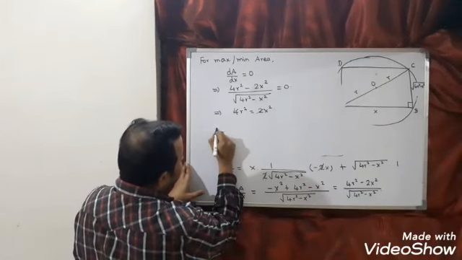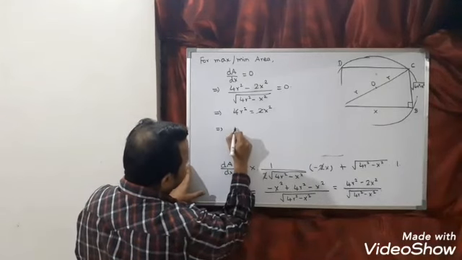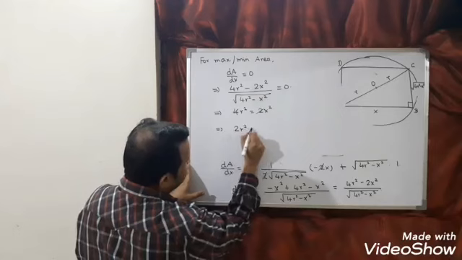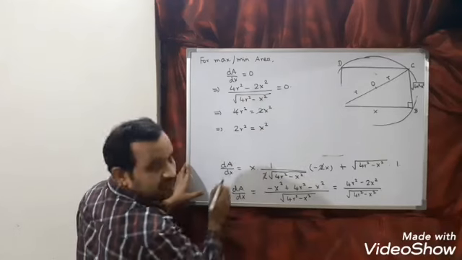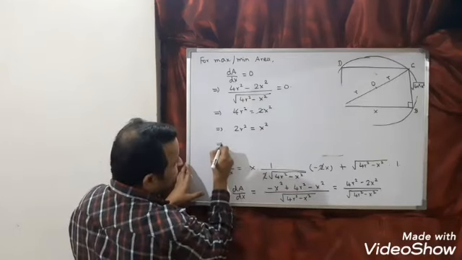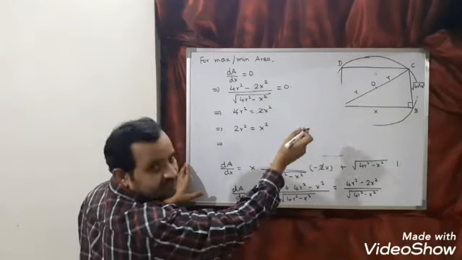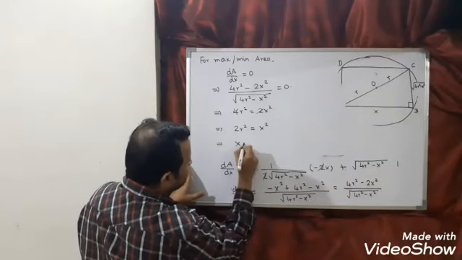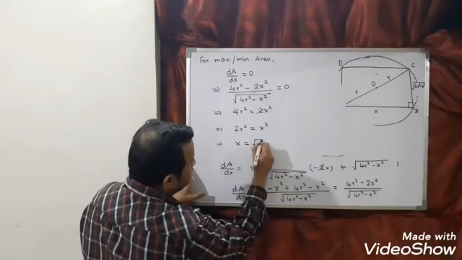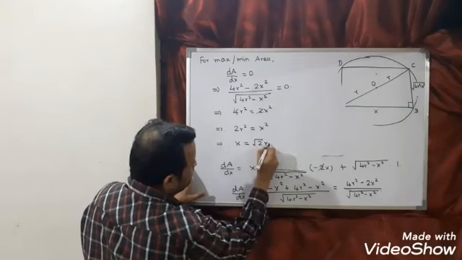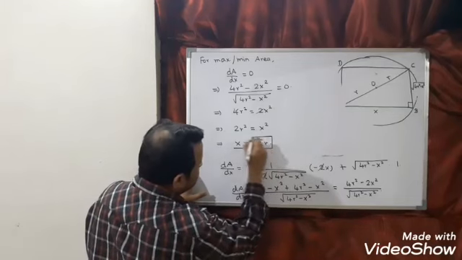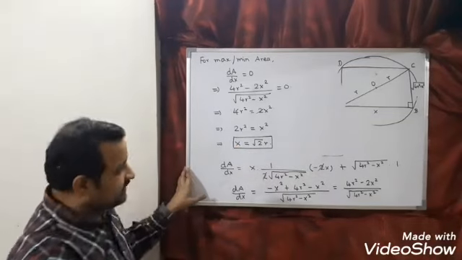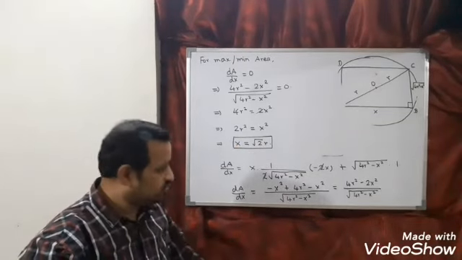So what you will get here is 2r square is equal to x square. Or what is x? x cannot be negative because it is one side of the rectangle. So x is equal to root 2 into r. Next, what should we find?